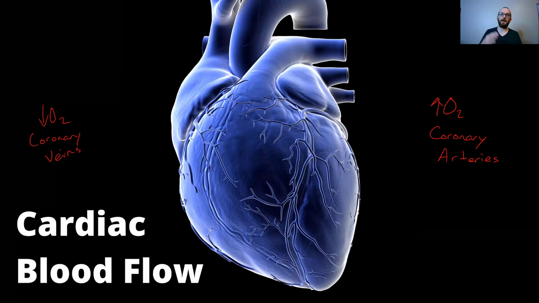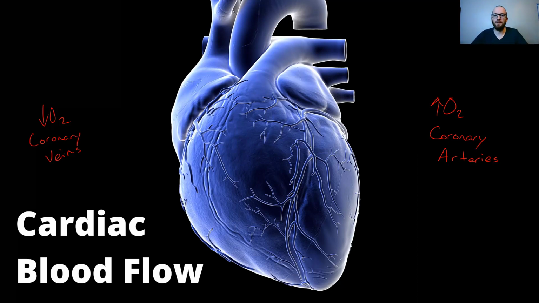So that's the high oxygenated side. Somewhere in those steps has to be the branches that become these coronary arteries, because they have high oxygen levels. So it has to come somewhere after the pulmonary capillaries, because that's where the oxygen was. Somewhere after the pulmonary capillaries, all the way through to the aorta, we have to have some branches that branch off of it.